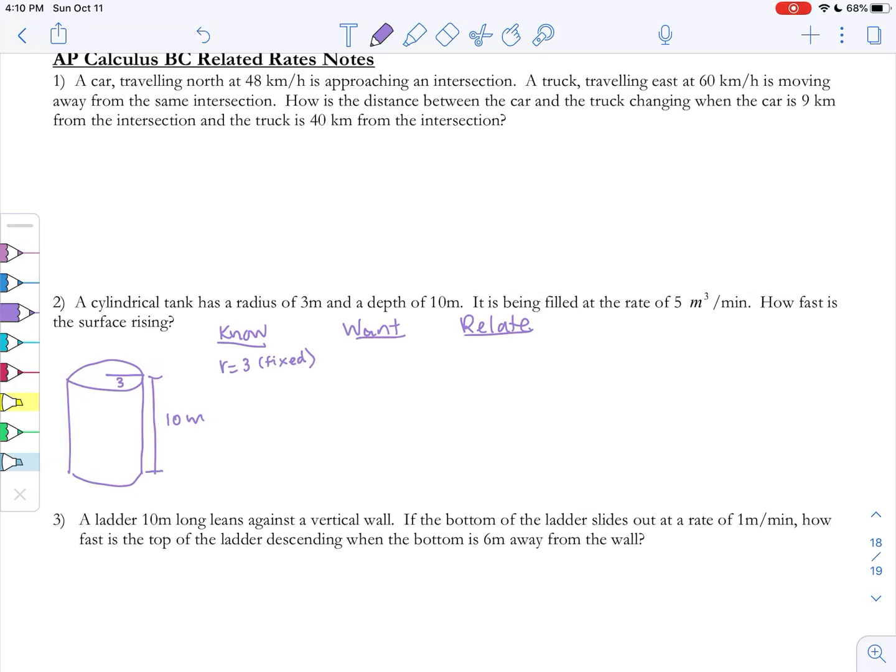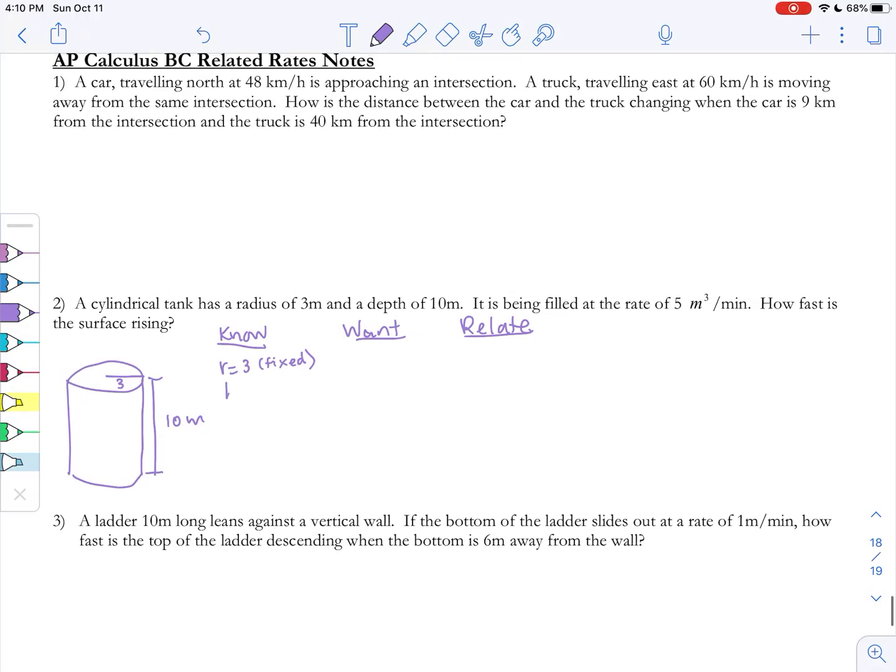The depth of my cylinder is my height, and that is 10. And height is not fixed based off of the water level rising. And we also are given dV/dt. The volume is changing at 5 meters cubed per minute.